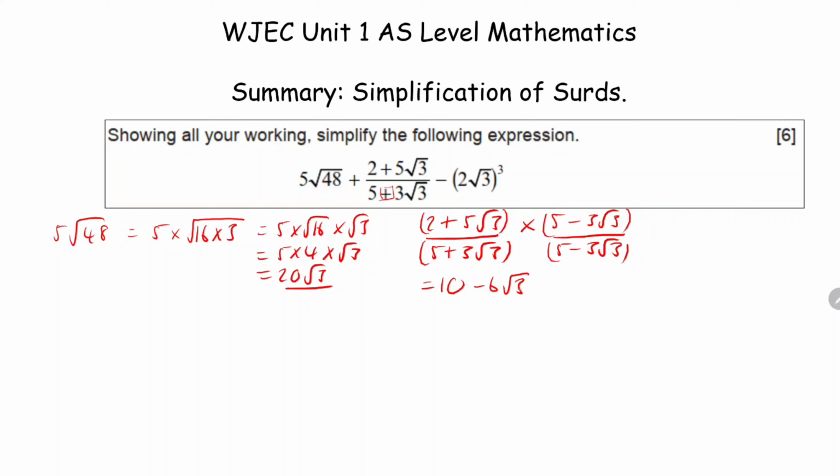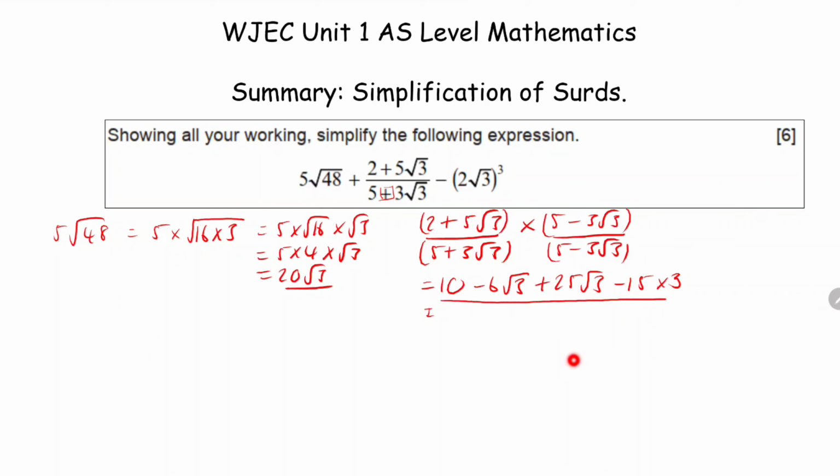Sorry, root 3. 5 root 3 times 5 is plus 25 root 3. And the last, we've got a plus times a minus, which is a minus quantity. 5 times 3 is 15. And root 3 times root 3 is 3. So it's 15 times 3.